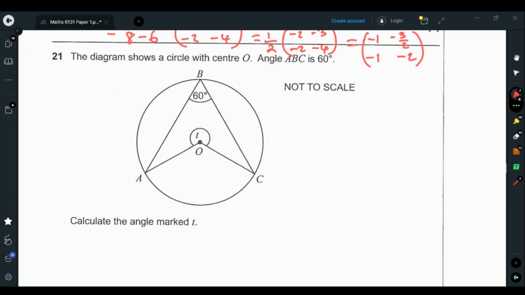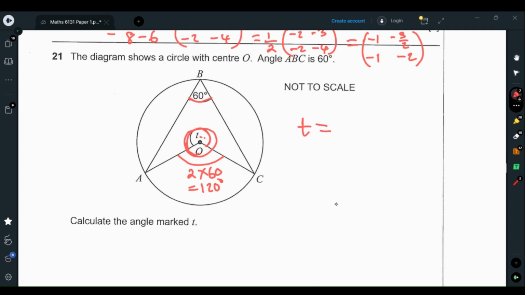Alright. Question 21. The diagram shows a circle with center O. Angle ABC is 60 degrees. One of the properties of a circle: this will be 2 times 60. This angle will then be 120 degrees. So the whole angle is 360 because it's a full circle.